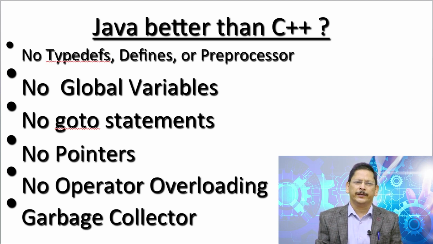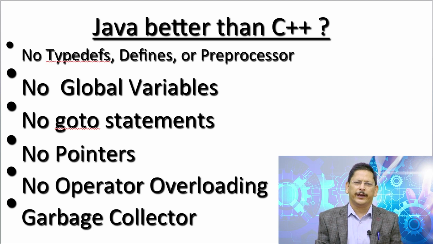And in Java there is no pointer concept. We never use any pointer. However, we use the new statement for creating a new object, and there is no operator overloading in Java.